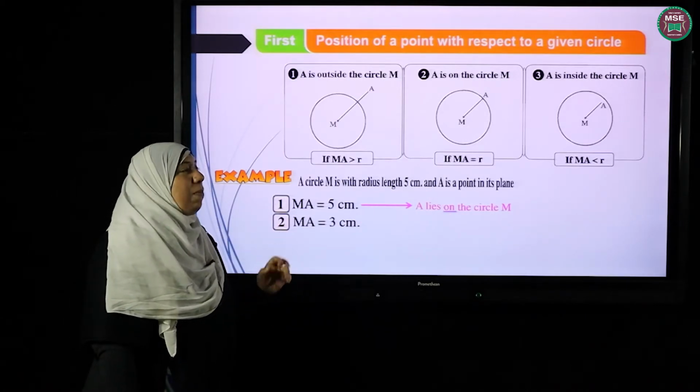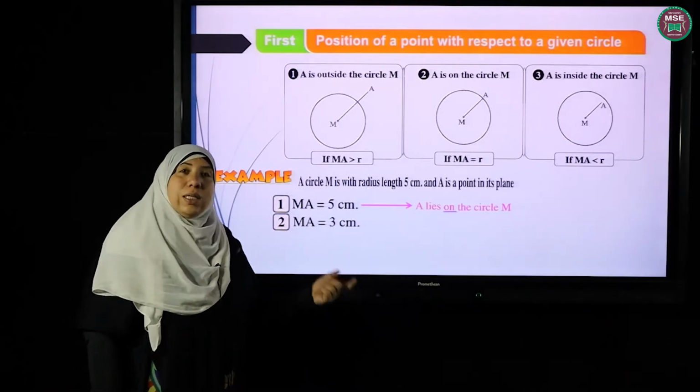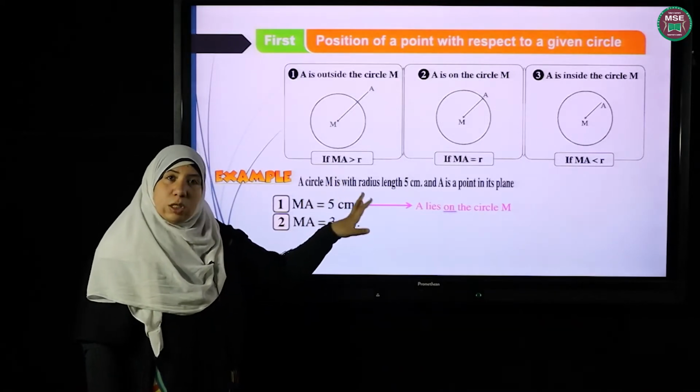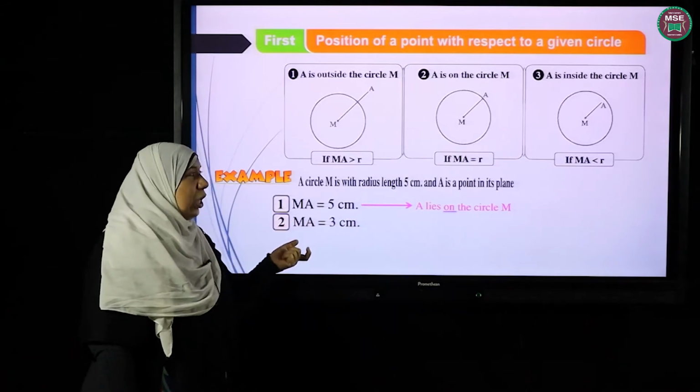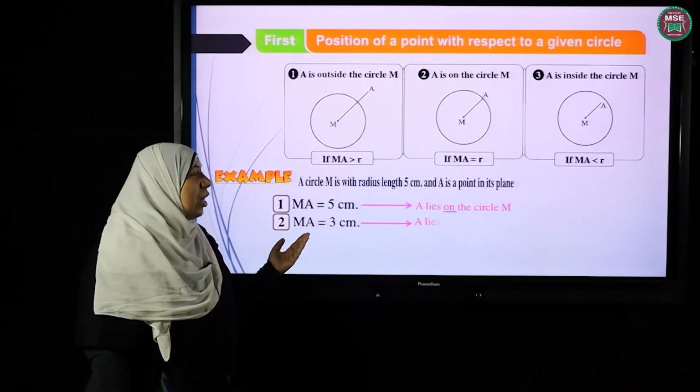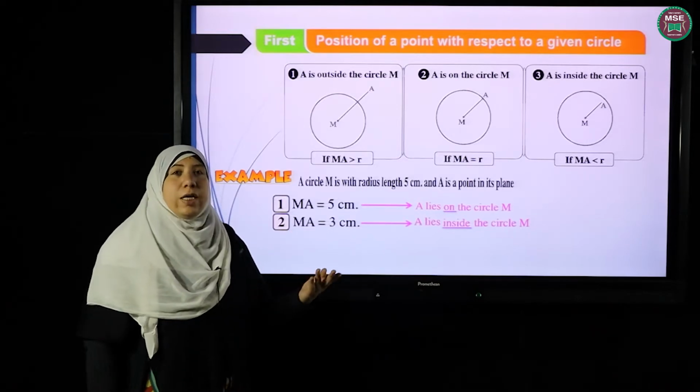Number 2, MA equals 3, in the same circle M with radius 5. So 3 is smaller than R, smaller than 5, so A lies inside the circle.